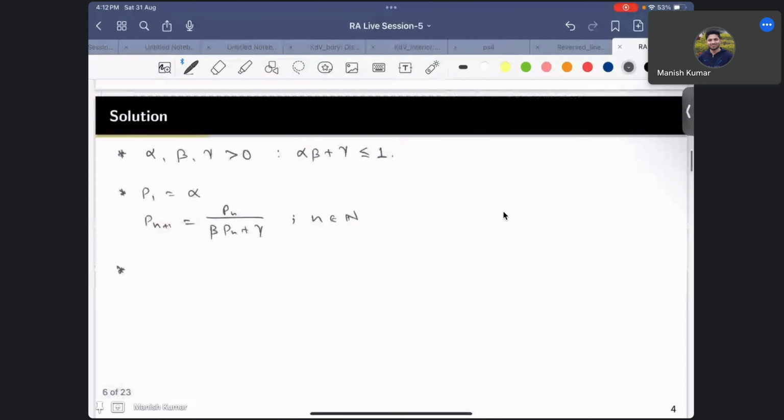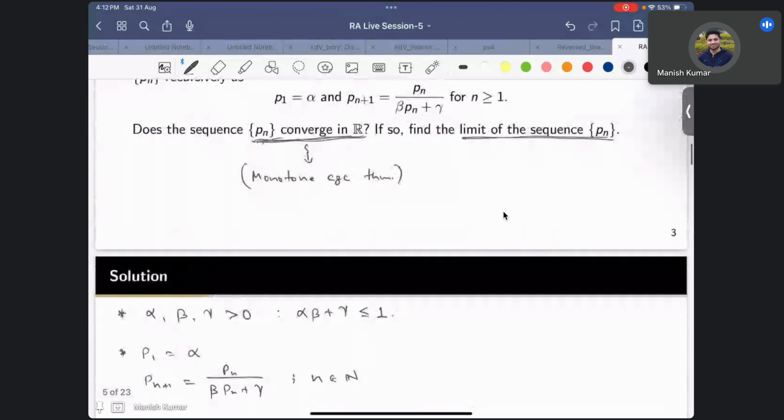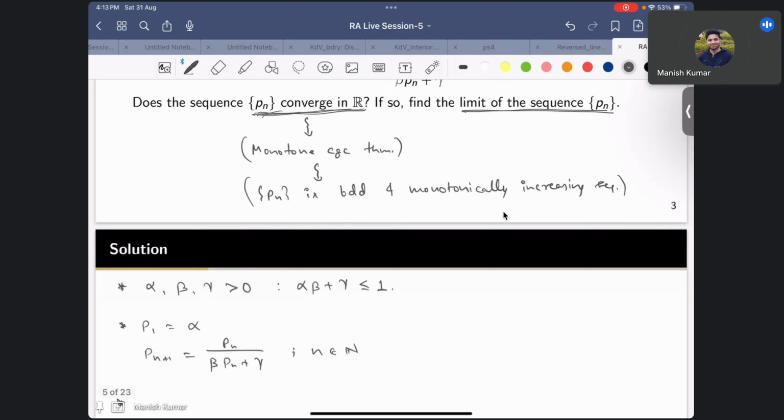To begin with, what do we need to show? We have to show that the sequence Pn is bounded and monotonically increasing. If you can show decreasing as well, that is fine, but over here we have a monotonically increasing sequence. So this is our goal: we will show that Pn is bounded and that the sequence Pn is increasing.